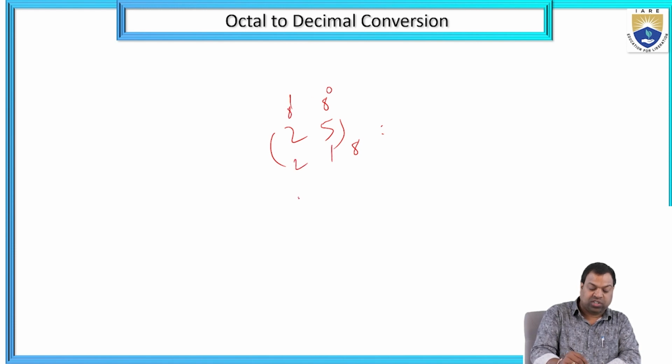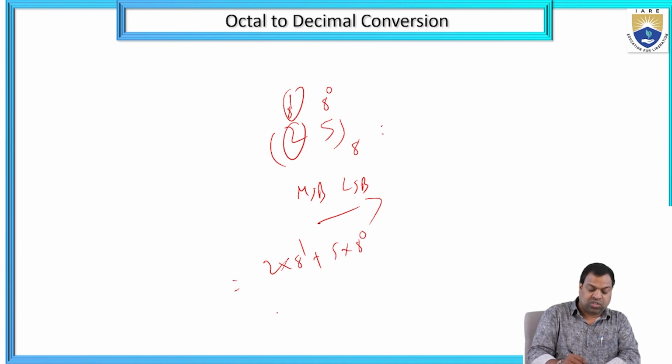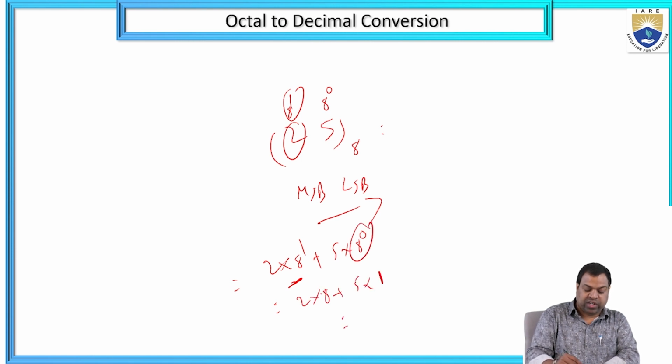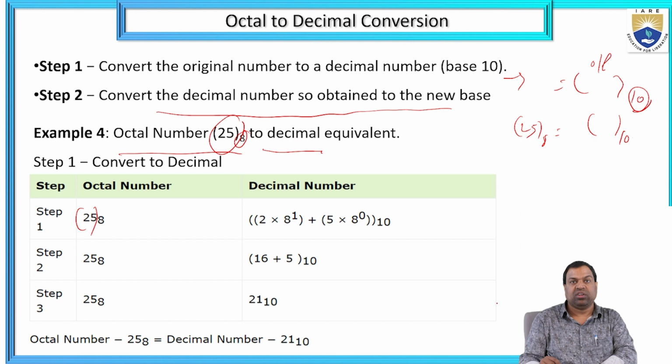We have to take from MSB to LSB: 2 into 8 power 1 plus 5 into 8 power 0. So 2 into 8 plus 5 into 1, that is 16 plus 5. How much? 21 base 10. Why? Because I am converting to decimal.